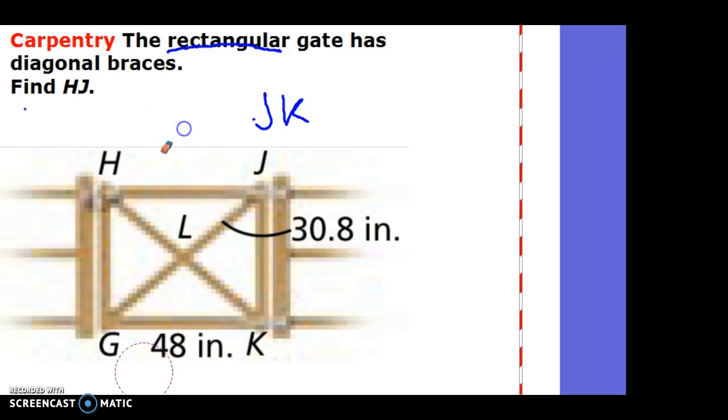All right. JK. Does anyone think they know how to find the length of JK? Yes. We would use the Pythagorean theorem. We know JK, being right here, is part of a right triangle. We know that in a rectangle, all of the angles are 90 degrees.